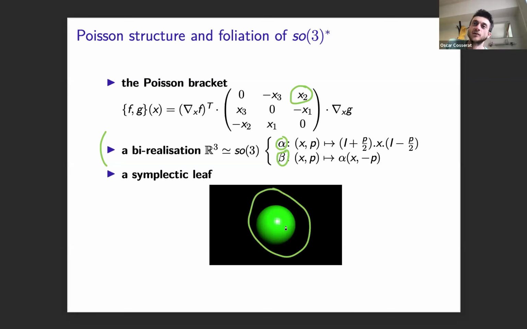So you can think about this symplectic foliation as R3 foliated by spheres with various radius. And don't forget the singularity in the middle.